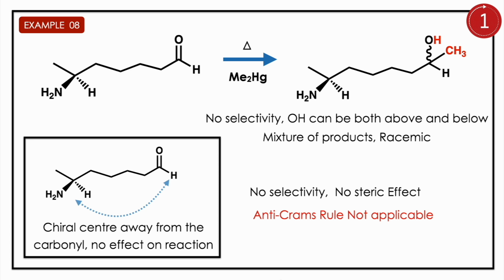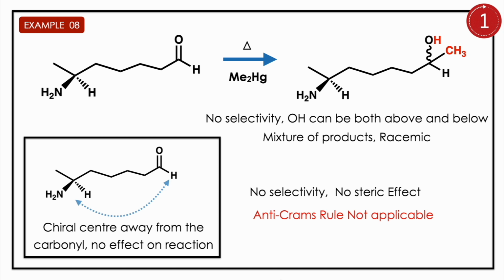Here the aldehyde could coordinate the amine group, but the problem is it is very much away from the carbonyl. So the effect of the amine is not possible. Chelation is impossible because of the larger ring size. So applying anti-Cram's rule will be meaningless because the chiral center is very much away from the carbonyl.